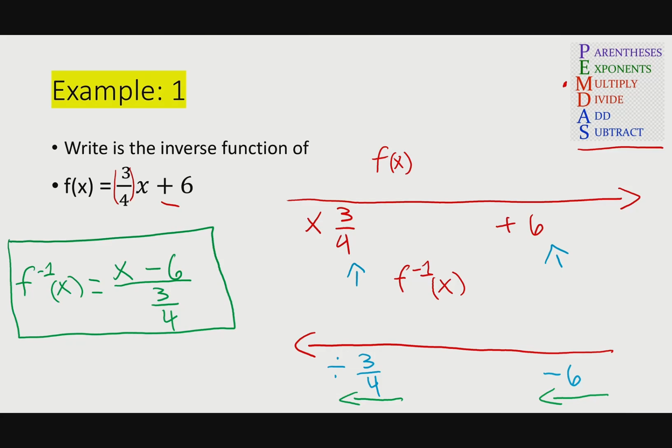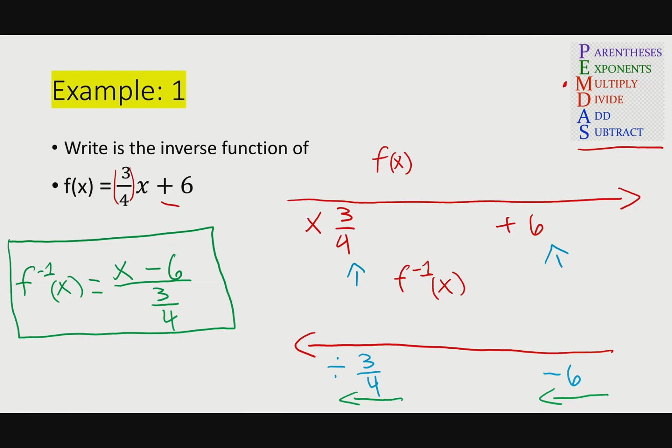So recapping, we just looked at what our function was doing, and then we thought, how can we undo each of these steps in the reverse order? And then we start with our variable, and then we just apply those operations onto x. If you want to, you can simplify this up a little bit more.